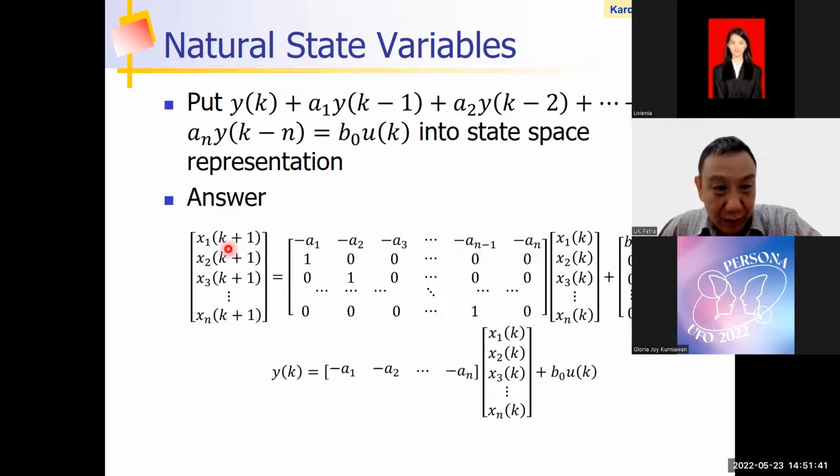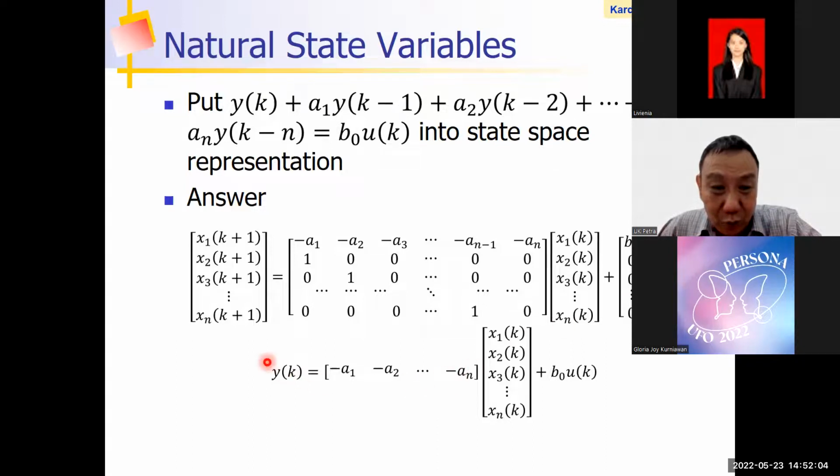So multiply by xk, this gives xk plus 1. Plus B0. Of course, B0 and 0, 0, 0 multiplied by uk, right? And then, what is the second equation?